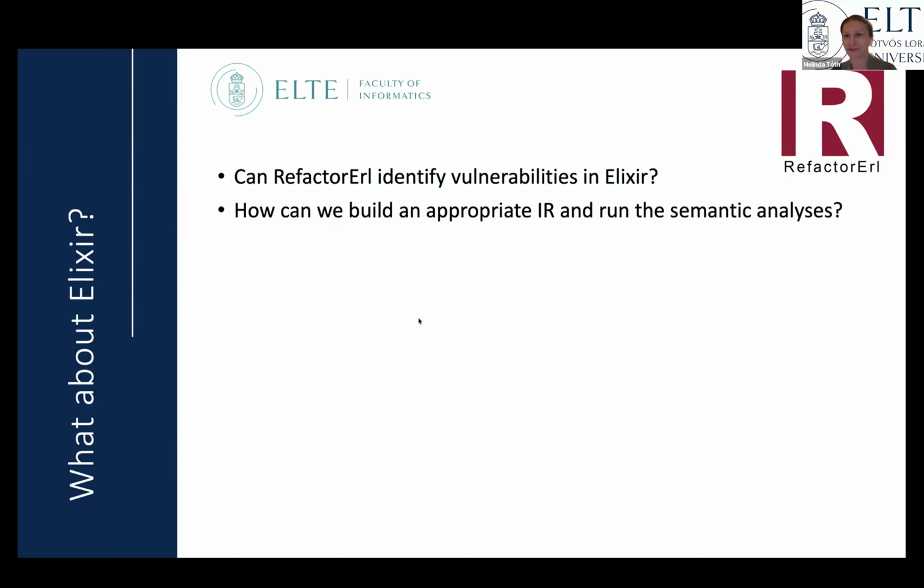But we did not want to do it for Elixir, since we had an Erlang analyzer framework, and everybody knows that there are two different syntaxes, but the semantics is quite similar or the same, because the Erlang virtual machine will evaluate and run the code, either if it's written in Erlang or Elixir.